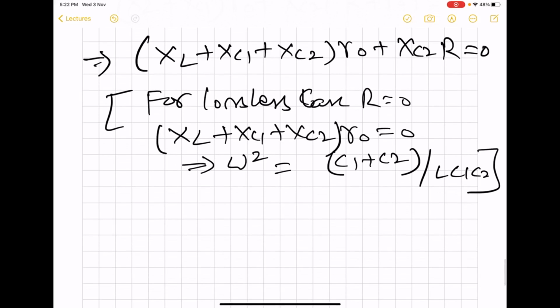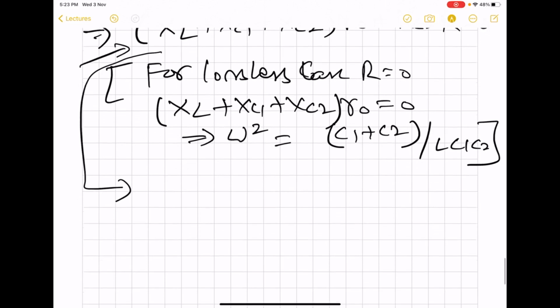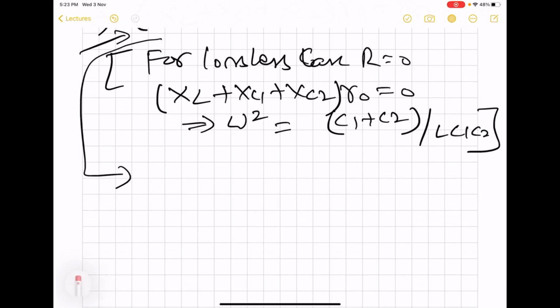But we are actually carrying out the analysis for the lossy case. So we'll proceed ahead with this equation that we have obtained here. So we get XL plus XC1 plus XC2.